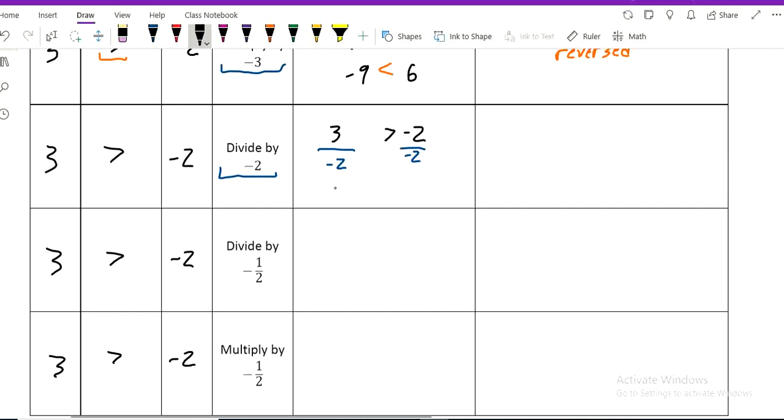This one's going to give me -1.5, and this one's going to give me +1. Uh-oh, I shouldn't put that symbol yet because that's not true. Don't put that symbol yet. -1.5 is less than +1. So again, the symbol was reversed. So it's not just multiplication that reverses it, division reverses it also.